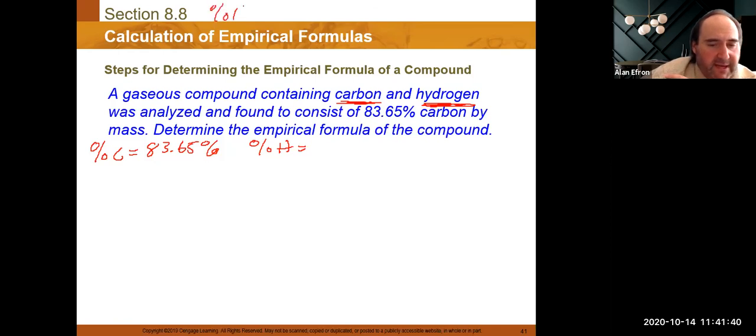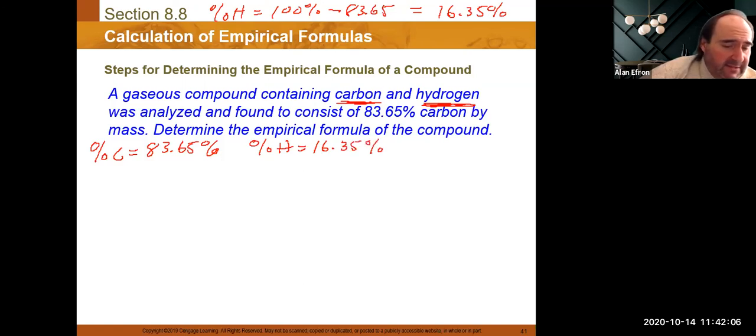The percentage of hydrogen should be 100% minus the percentage of carbon, so 100 minus 83.65 gives us 16.35% hydrogen. Because those are the only two elements and they gave us the percentage of one, we could subtract from 100 to get the percentage of the missing element.